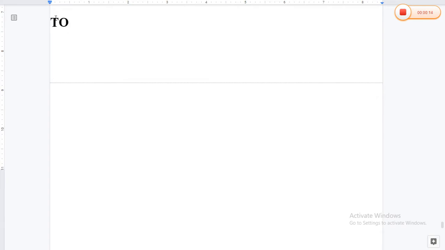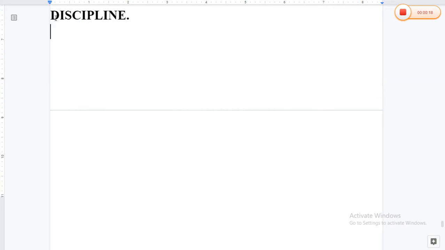Verbs. Today, verb. As you all know, verb is the action in the sentence.